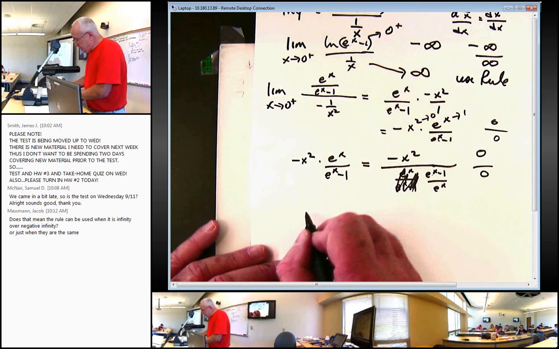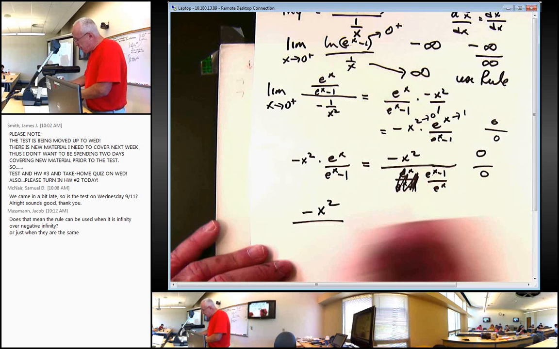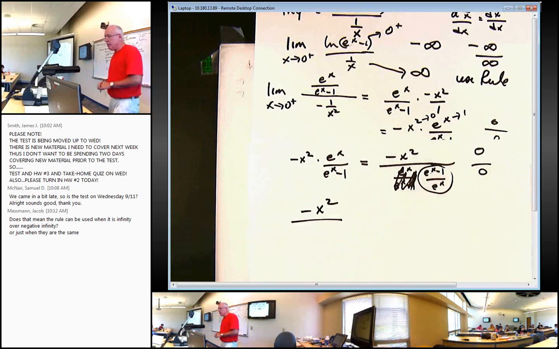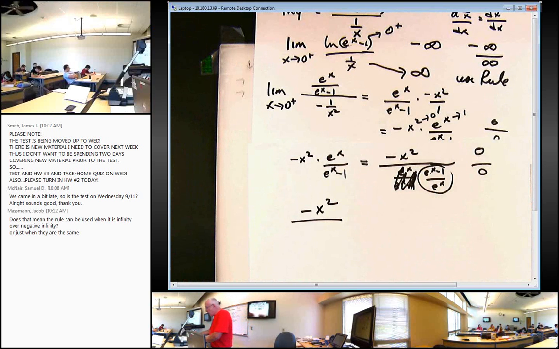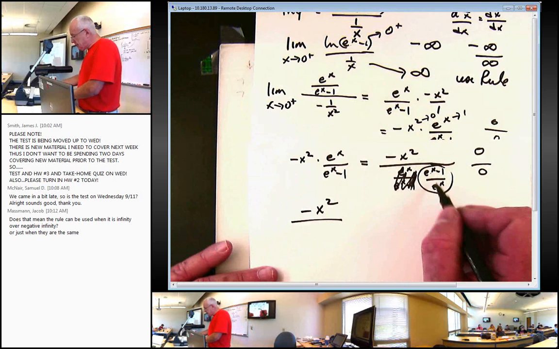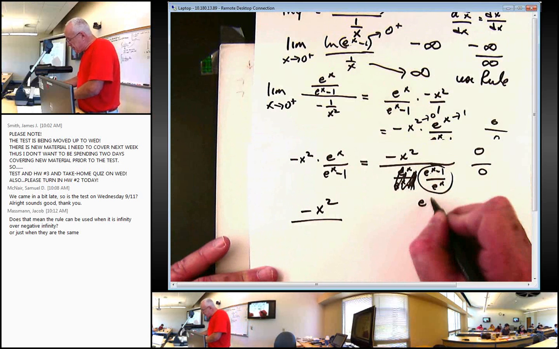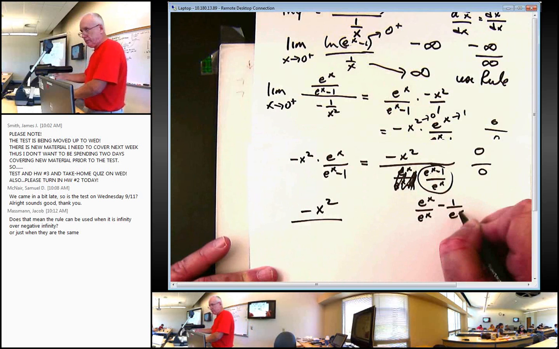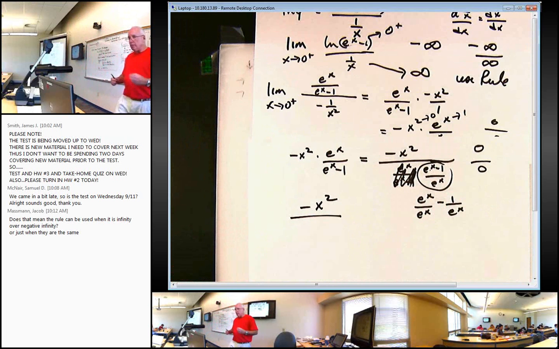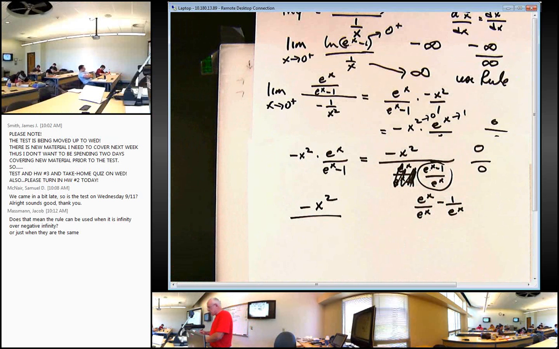I have minus x squared. Let's simplify this part right down here. E to the x minus 1 divided by e to the x. I can separate this out as e to the x over e to the x minus 1 over e to the x. So I'm going to get a much easier expression.